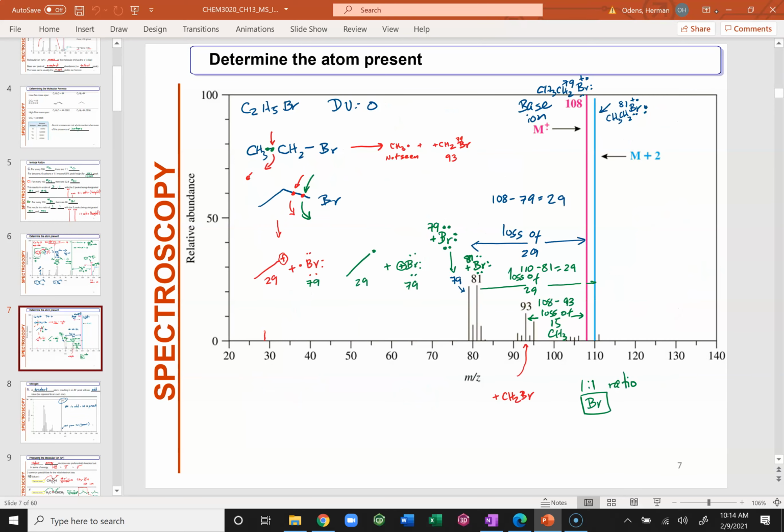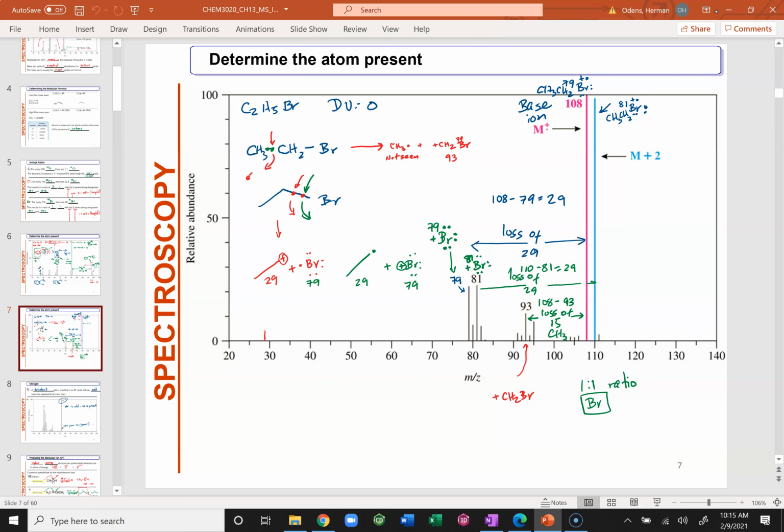Yes, so this is the thing. The moment that you have a molecular formula with bromine, you can predict that you're going to have your 1-to-1 ratio of M plus. Notice that your M plus ion is actually your base ion too, because it's the tallest peak.